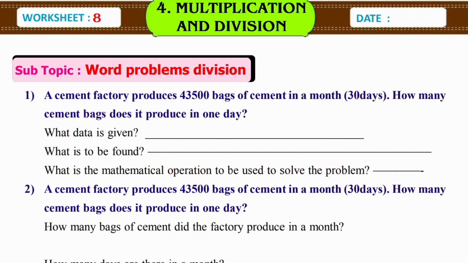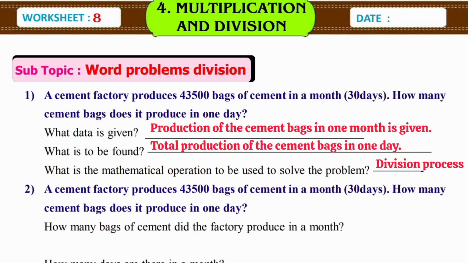What data is given? So production of cement bags in 1 month is given. Next, what is to be found? Total production of cement bags in one day. That one we have to find. Next, what is the mathematical operation to be used to solve the problem? Of course, division process. Then only we'll get the correct answer.